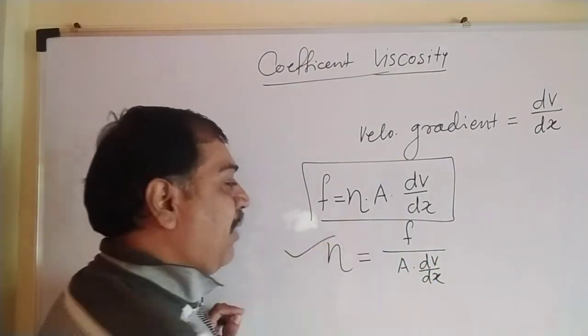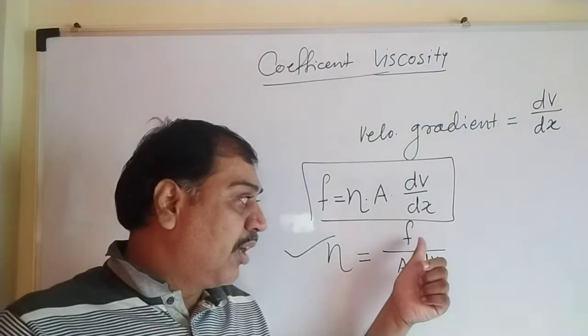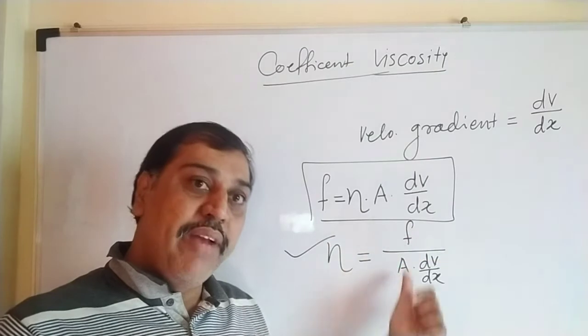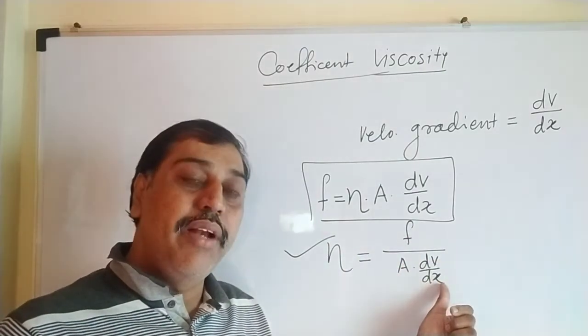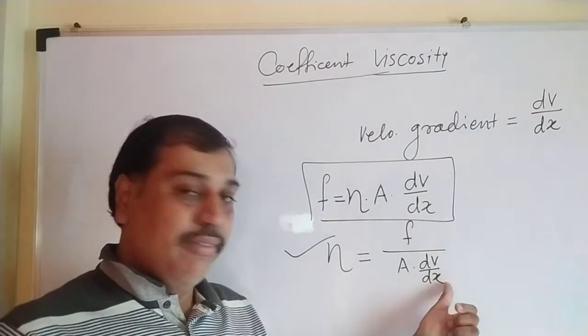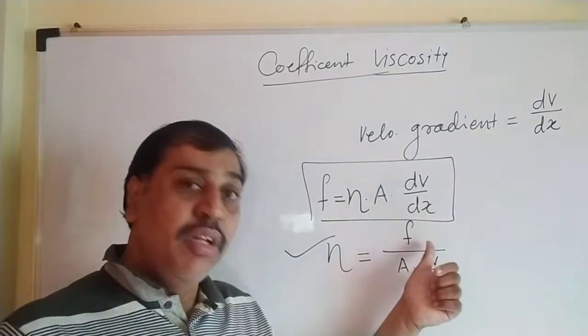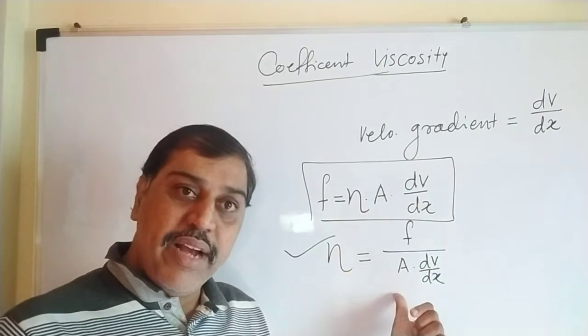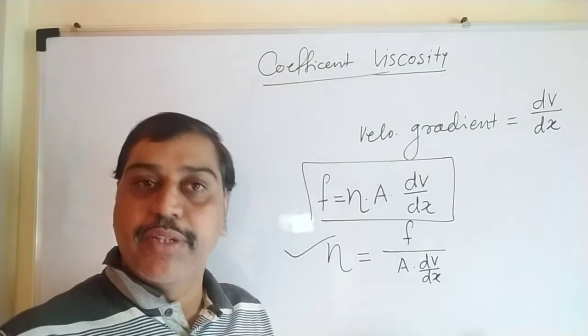So the coefficient of viscosity can be explained as the viscous force per unit area per unit velocity gradient.